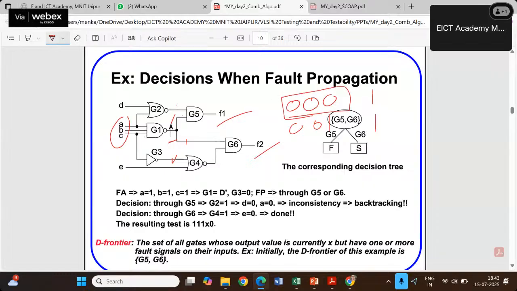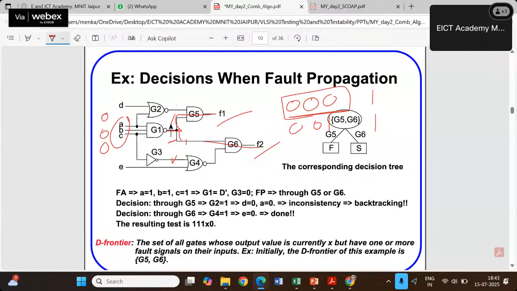Okay, out of those sets, let's say I figured out I will go with this set, where I have taken all zeros: 0, 0, and 0. Now I have to propagate this fault maybe through this or through this, so I have to take one justification. Let's say I want to propagate this through G5.